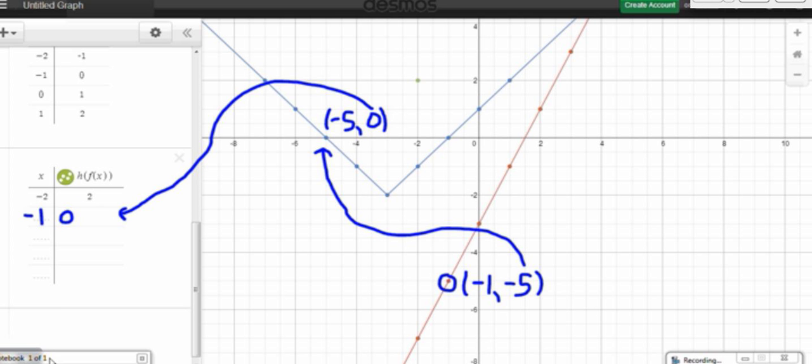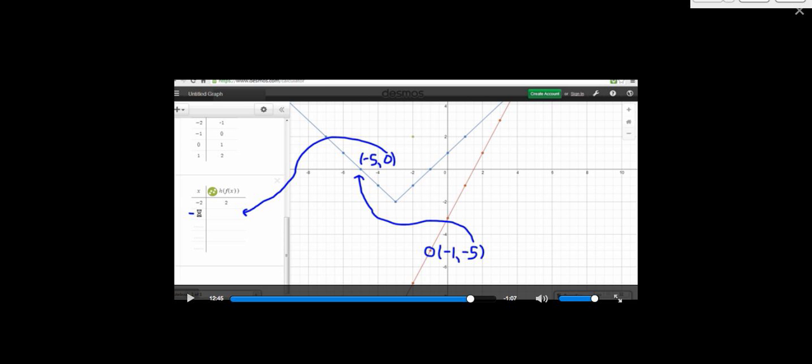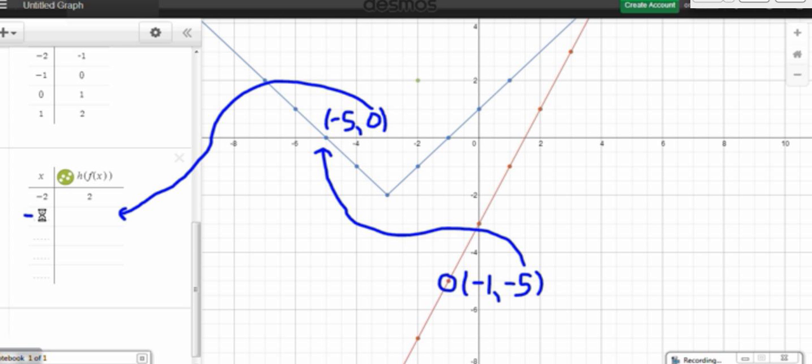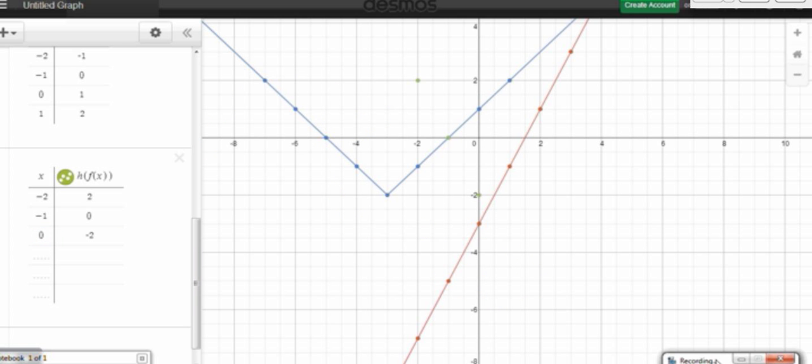Let's see if Desmos agrees. So, yep, when we type in -1 for our input, 0 is our output for h of f of x.